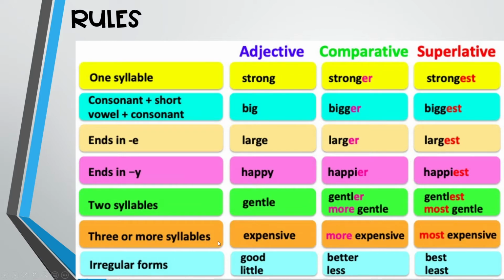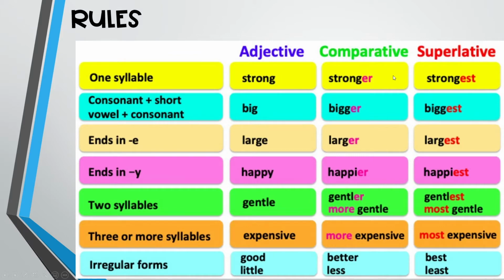3 or more syllables, expensive. 3 suku kata, expensive, kita pakai more expensive ataupun most expensive. And we also have irregular forms. Okay, adjektif yang bukan dalam form biasa.